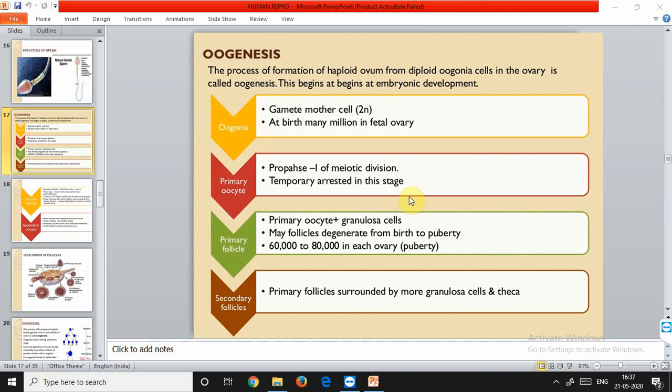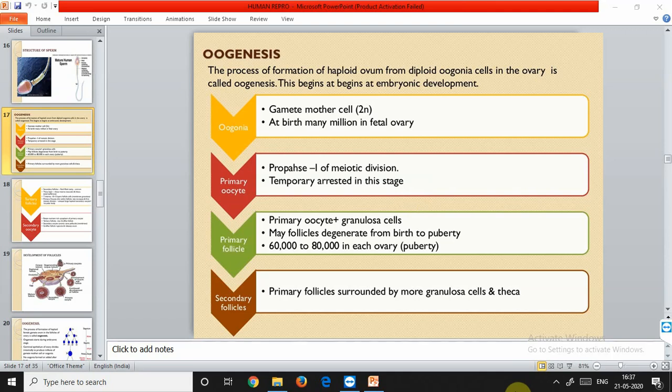Now what is the ripening of egg? Oogenesis is followed by the formation of a protective covering, called the egg membrane. The primary membrane is formed surrounding the plasma membrane of the ovum, and it is secreted by the ovum itself. The outermost layer of the egg is called the vitelline membrane, and in some lower animals like frog and rabbits, the zona pellucida is present, and the secondary membrane is called the chorion.